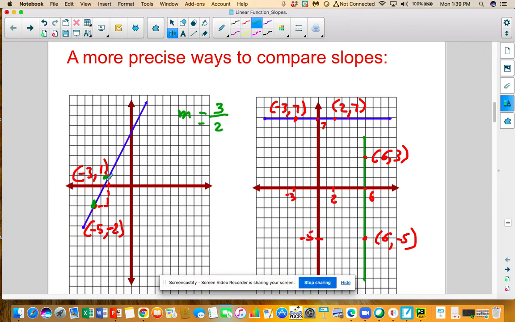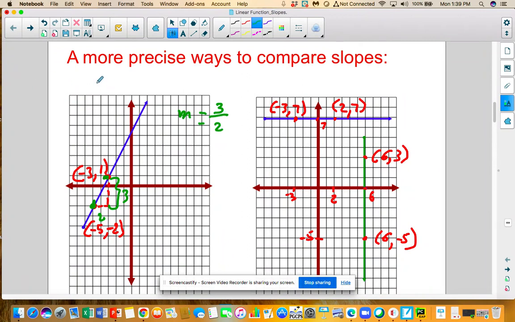We found how much the vertical change is between these 2 points, and that was 3, and how much the horizontal change is between these 2 points, and that is 2. So the slope of a line is the vertical change over the horizontal change.